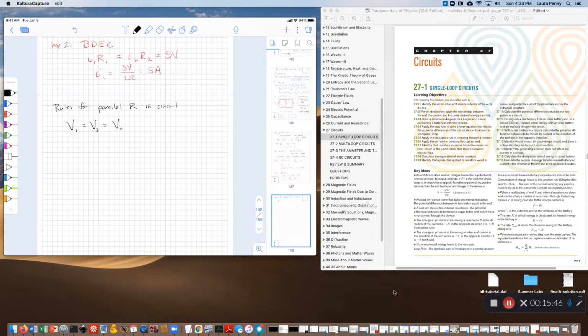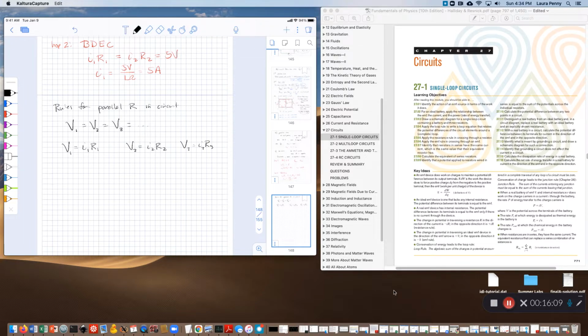The voltage drop for all of them would be the same. Because the voltage drop for resistor 1 should be I1 R1, voltage drop for this is I2 R2, vice versa, or all the way through here.